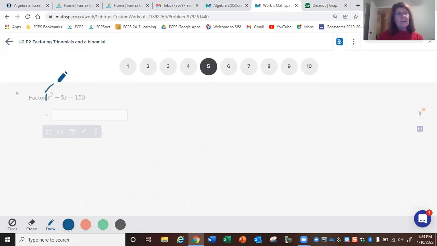A is 1, so you multiply A times C, and that goes in the top here. This is A times C, so that would be 1 times negative 150, so negative 150. Then I put my B in the bottom here. B is going to be 5.